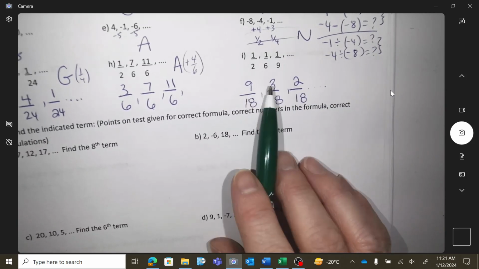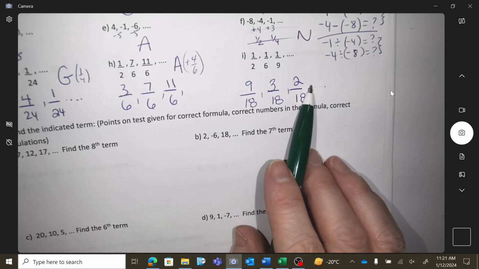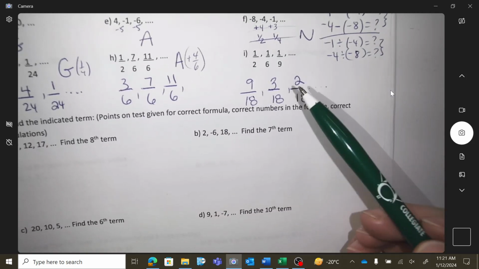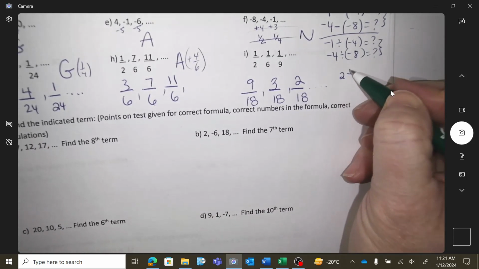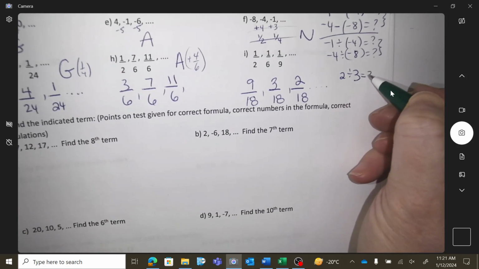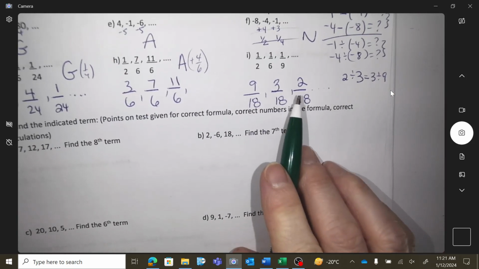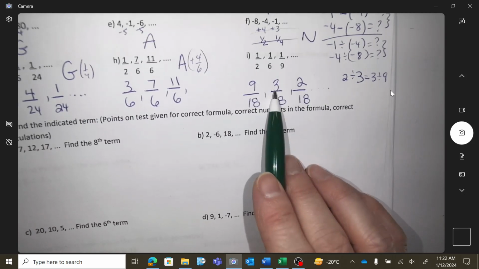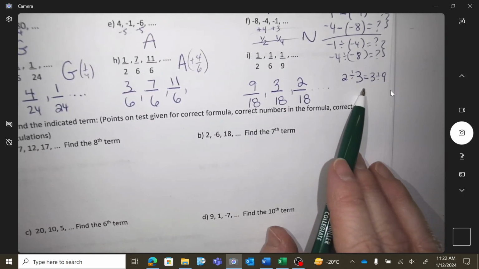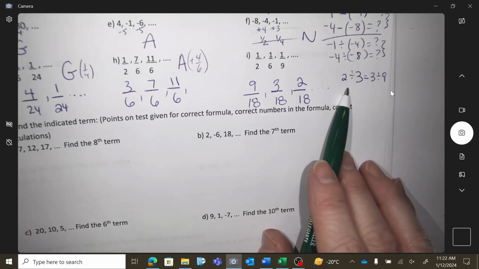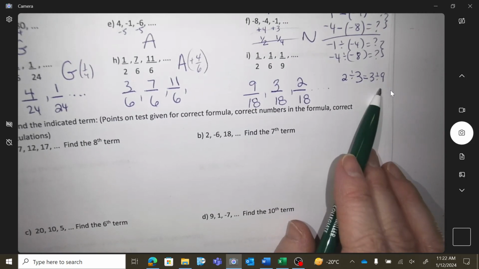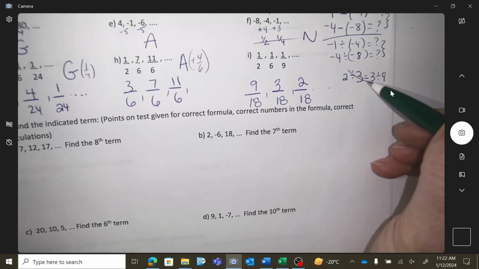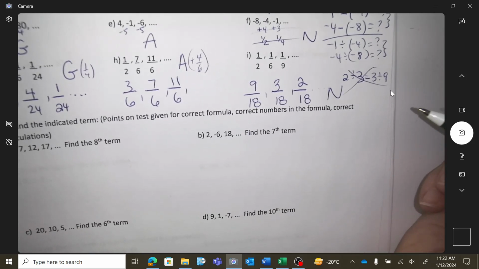Adding is out. That's not the same. What about timesing? Is 2 divided by 3 the same as a 3 divided by a 9 ratio? Term divided by previous, term divided by previous. Would that be a same ratio to you? No, 2/3 and 1/3. So that's a neither.